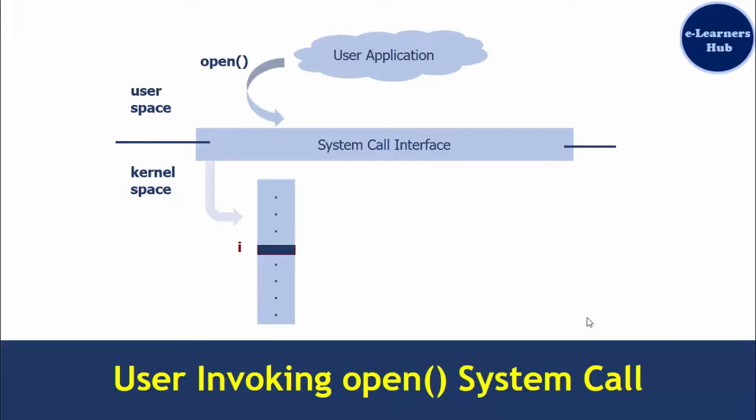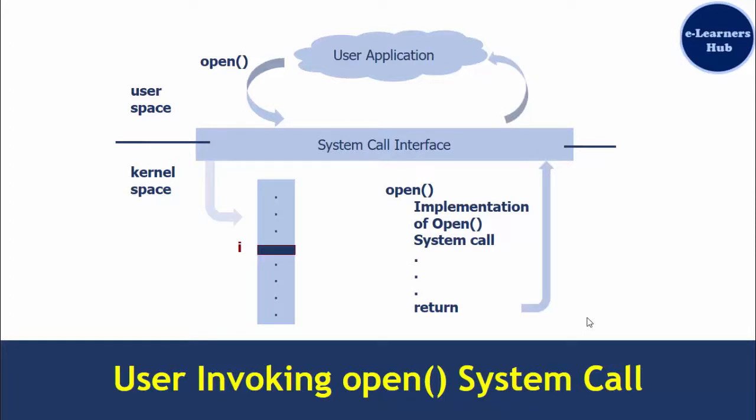Here in this case it is open. The kernel will run the instructions for the open system call. It will search for the file, execute all the instructions that are made in the open system call, and then return the file to the application.